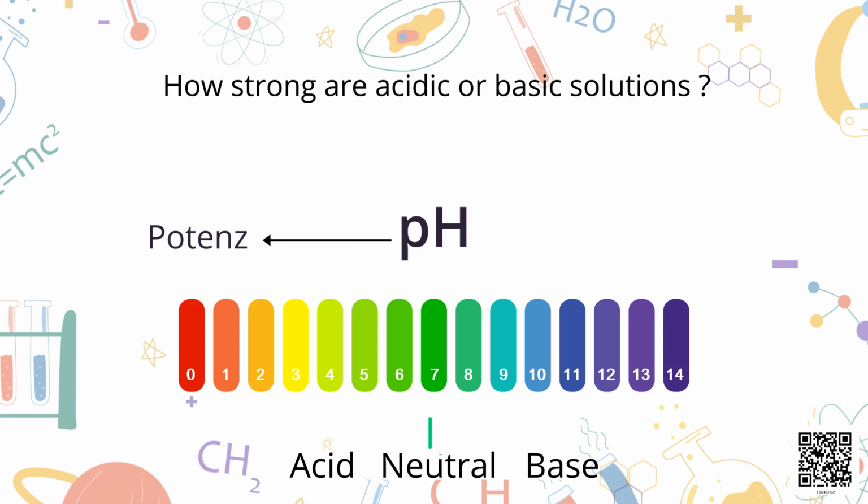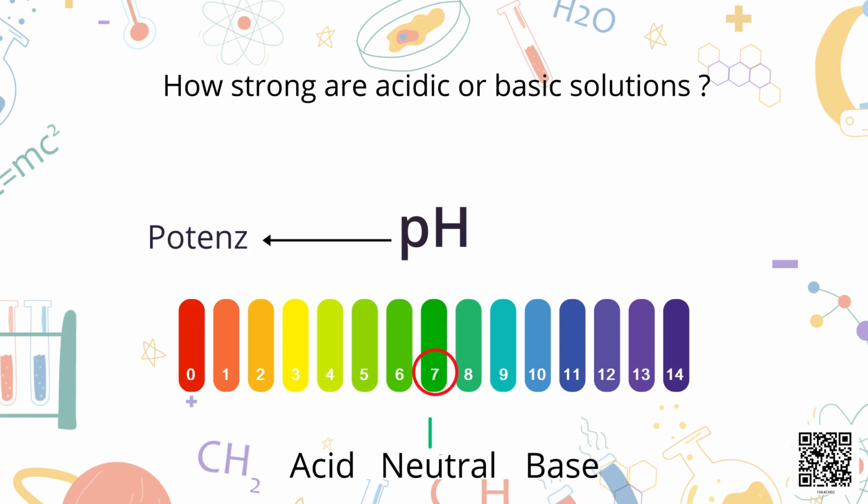On the pH scale, we can measure pH values ranging from 0 to 14. pH is simply a number which indicates the acidic or basic nature of a solution. Higher the hydronium ion concentration, lower is the pH value. The pH of a neutral solution is 7.